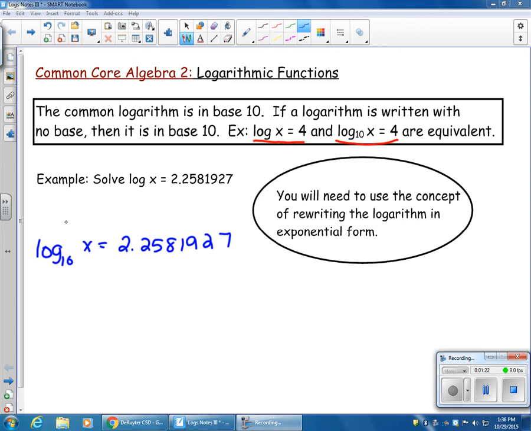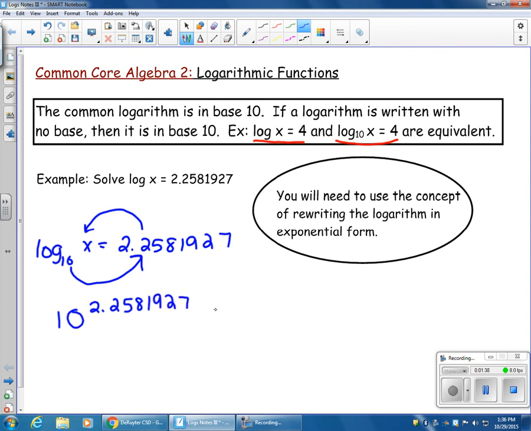Okay, so then our next step to solve it is to rewrite it in exponential form. So remember this from the other day. We take our base to this power equals this number. So it's 10 to the 2.2581927 power equals x.